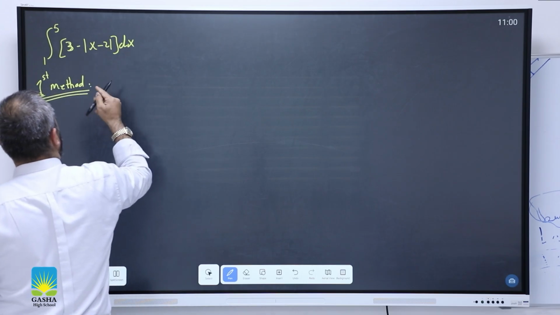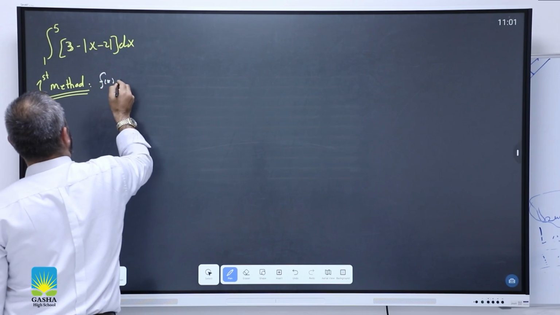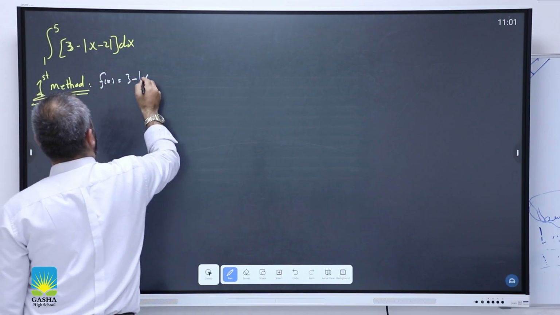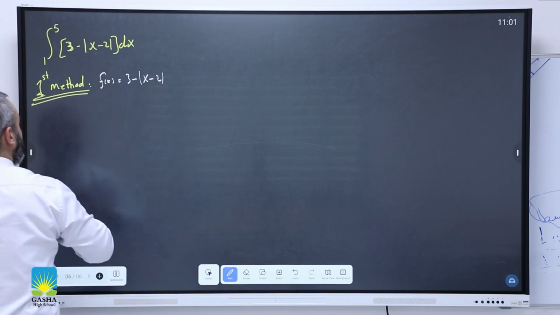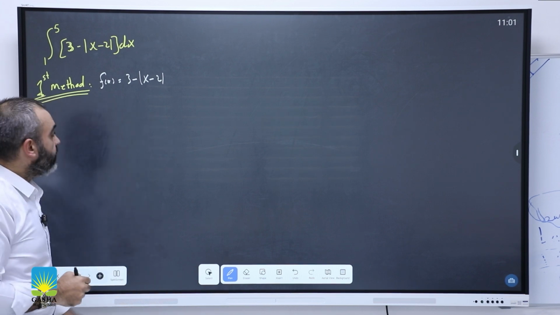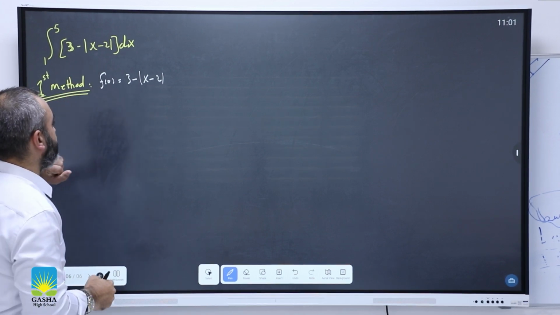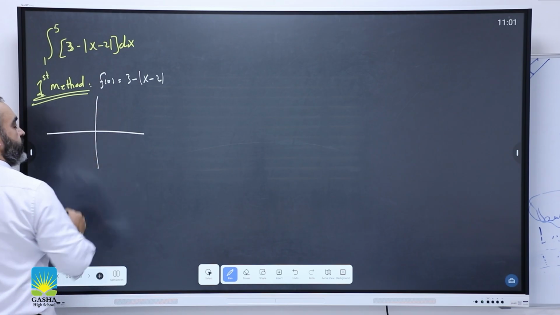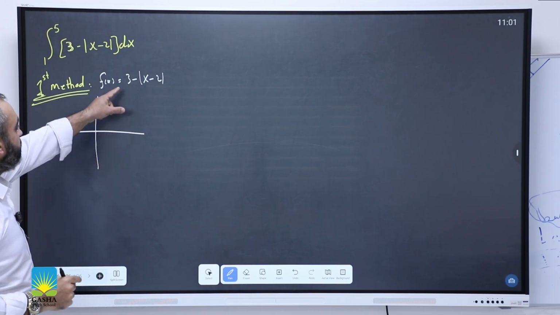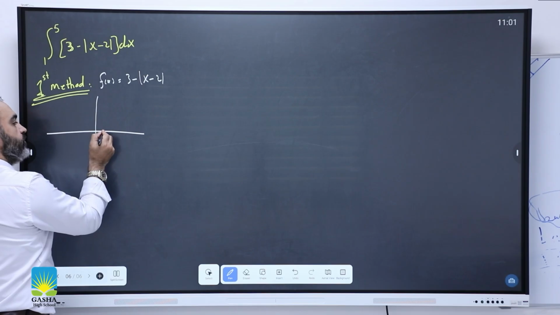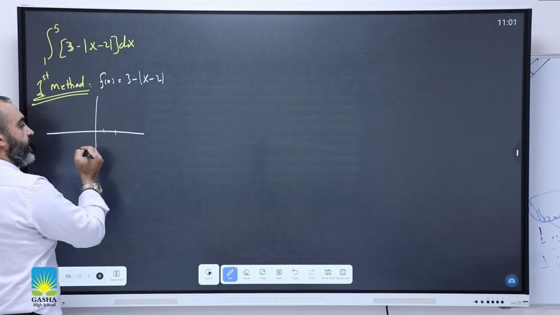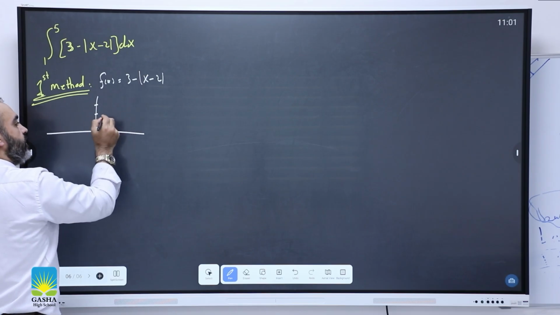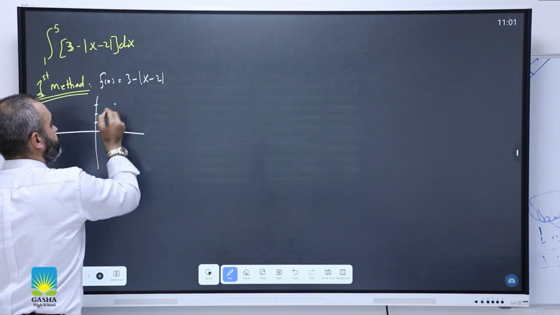We have f of x here, f of x equal to 3 minus absolute value of x minus 2. We convert to the graph of this absolute value, and we can use the transformation of this function: 2 units to the right and 3 units up. We have the vertex here.